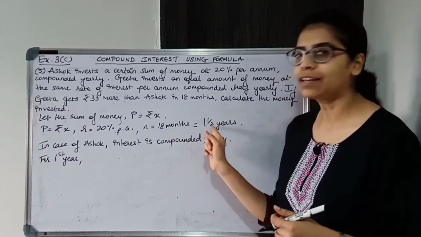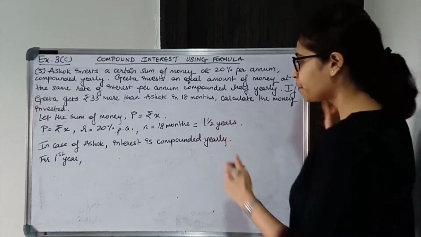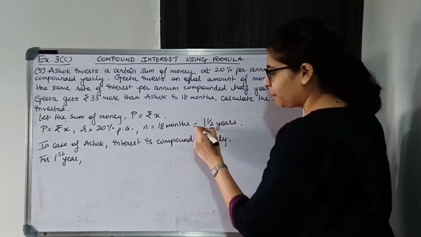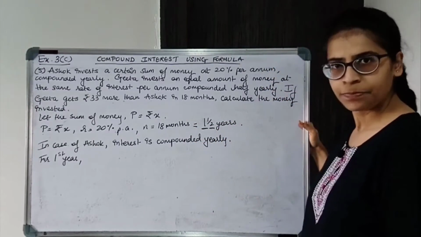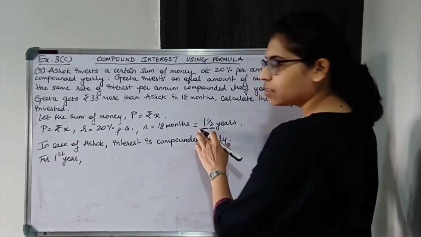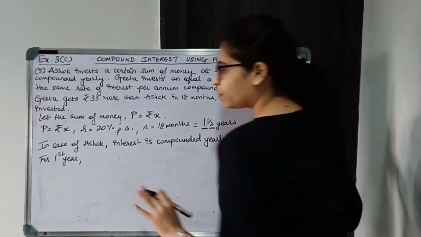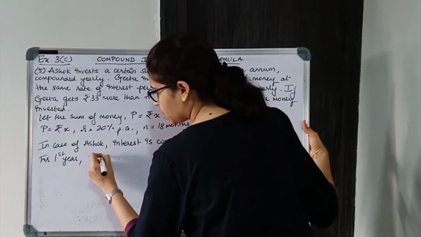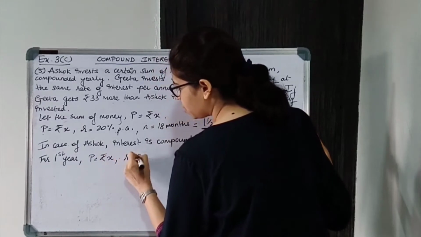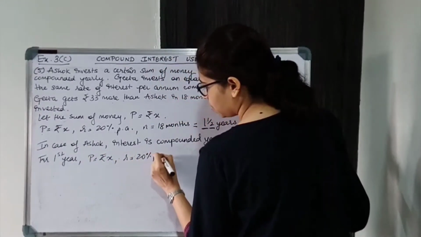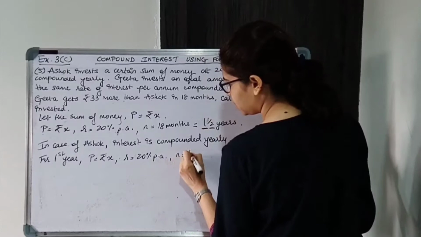So for yearly, whenever n is in the form of a fraction, what you will do is consider the fractional part separately and the natural number part separately. For the first year we'll find the amount. So for the first year, principal will be x rupees, rate of interest is 20%, and n is 1 year.